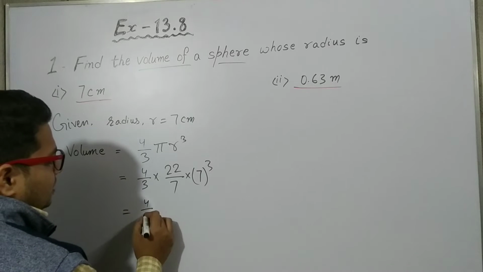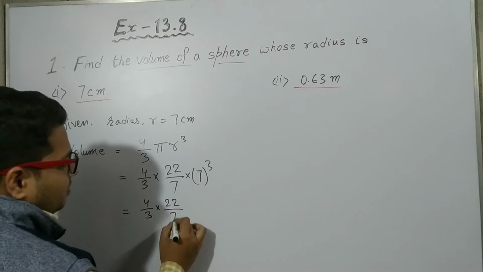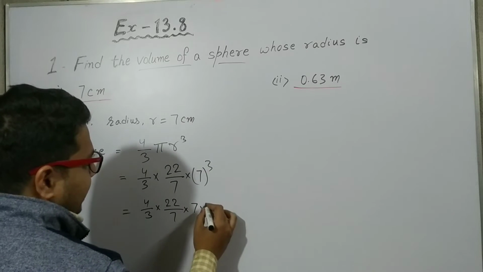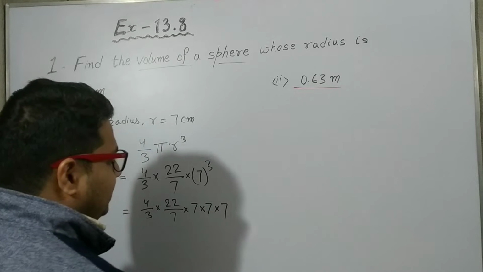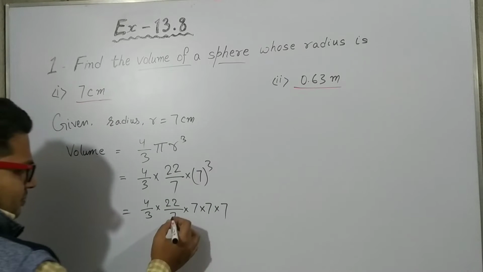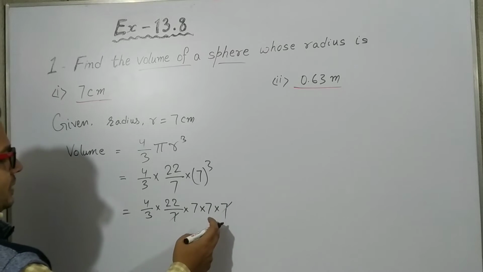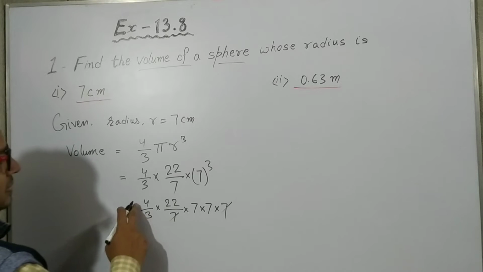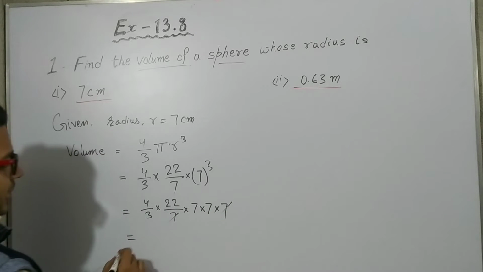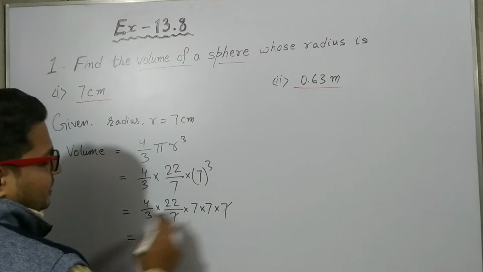Now again 4 upon 3, as it is, 22 upon 7, the value of pi, and 7 having power 3, so it is to be multiplied 3 times. 7 multiplied 3 times, and now cancel out the terms which can be cancelled here. Now 7 cancels, and no multiple of 3 is in the numerator, so you cannot cancel this. Now multiply 22 by 4, it is 88, and 7 times 7 is 49.